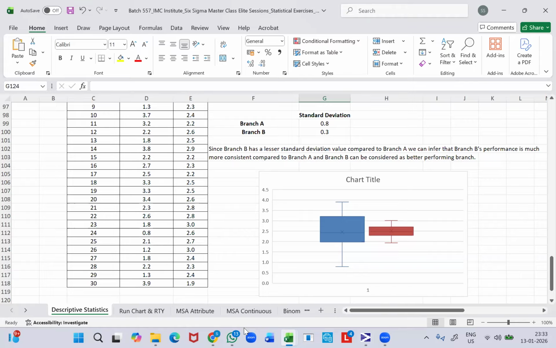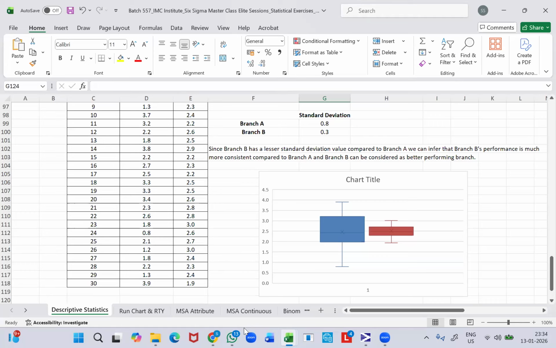But then we have what is called throughput yield. Throughput yield is nothing but the first pass yield generated at a sub-process level. If you have a process, then within that we will have multiple sub-processes.